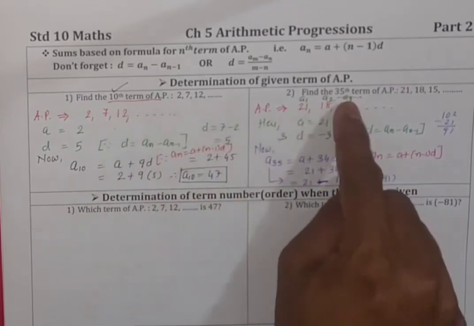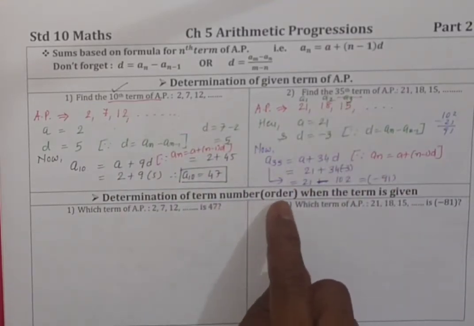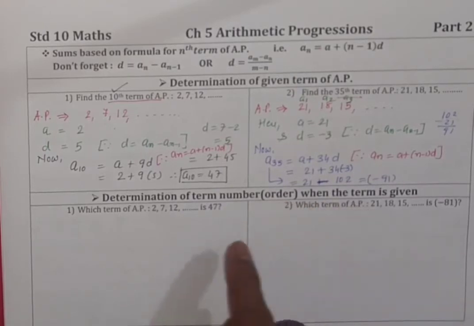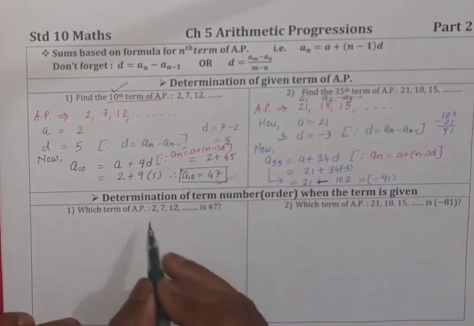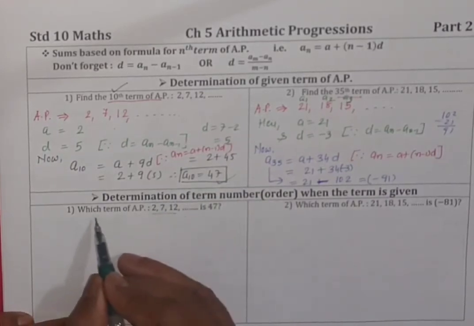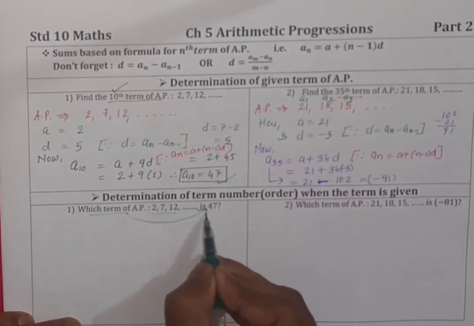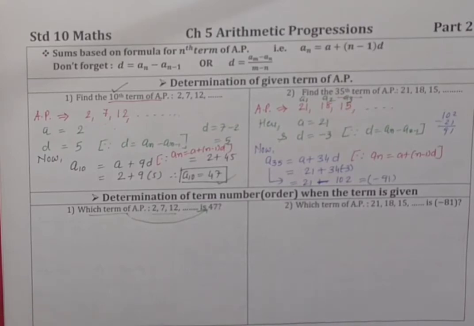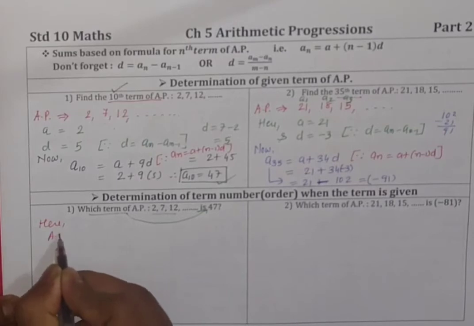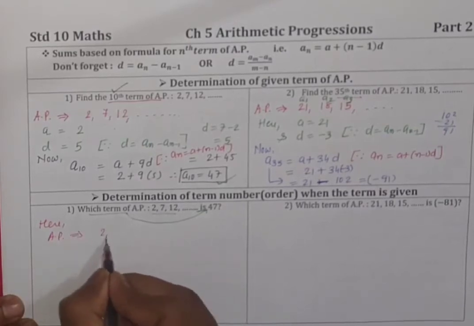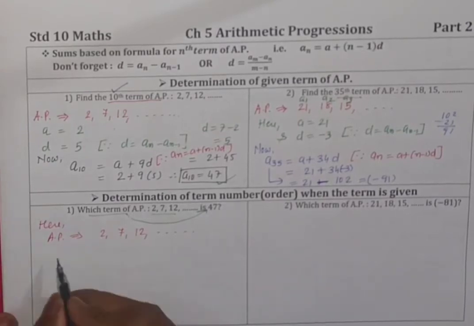Here 10 term ढूंढना था या 35th term ढूंढना था. अब determination of term number या order of the term when the term is given. Children, यही क्वेश्चन आपको देख सकते हैं. 10 term is 47. वही AP है. अब क्वेश्चन इज चेंज. विच टर्म ऑफ दिस AP इज 47? कौन सी टर्म है? लेकिन यहां एक चीज पहले कर लो. हियर AP जो भी दिया है 2, 7, 12 डॉट डॉट, देन वो स्टैंप लगा दो.